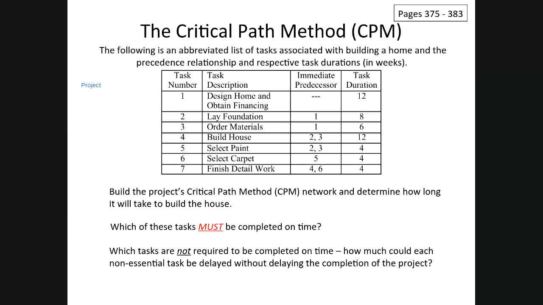I'll use the terms task and activity interchangeably. So these can be either. These are all exactly the same. If I say task or activity, they're the same. But the project is all of these tasks have to be completed and finished. All right. So just a little bit more of the terminology.